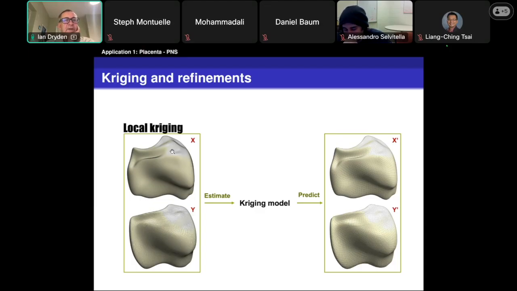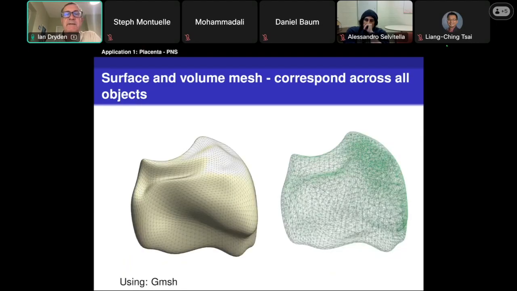We have used some procedures which involve kriging at some point. So we would predict from a set of points or a grid on one object, and then see where the points get sent on the second object. And this is part of our method for getting corresponding points on the placenta.